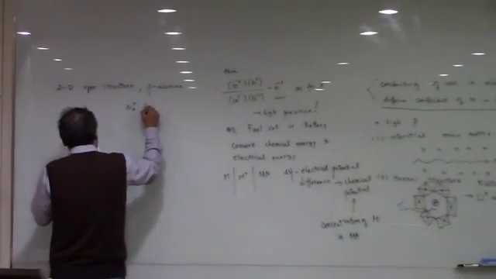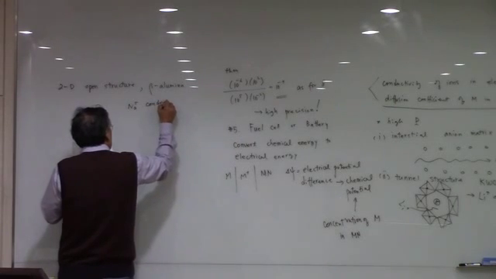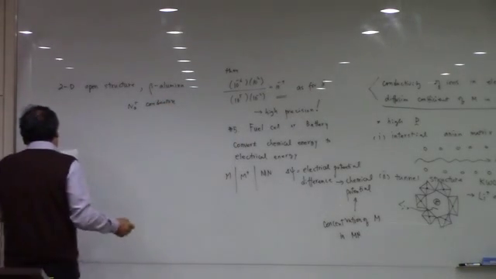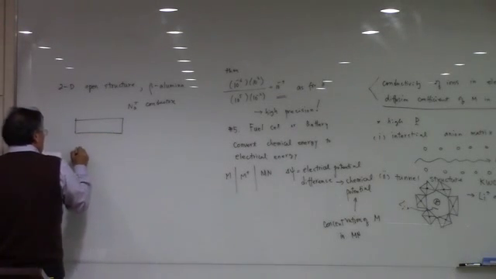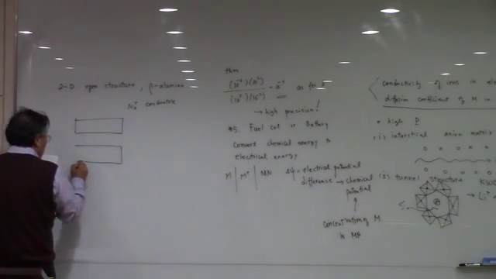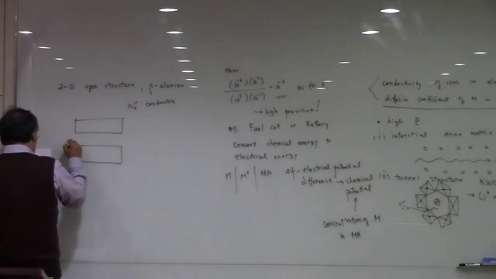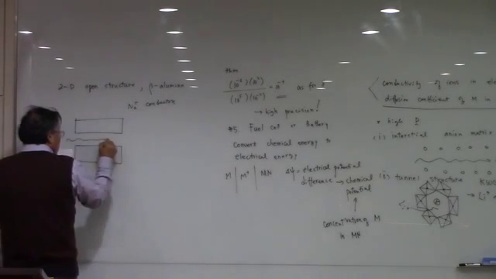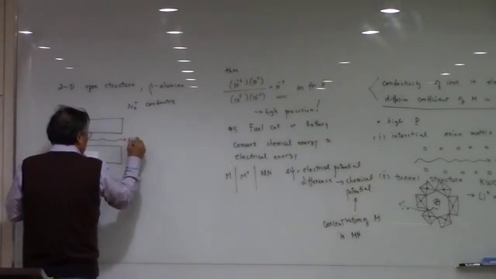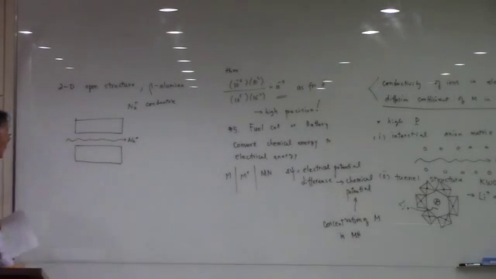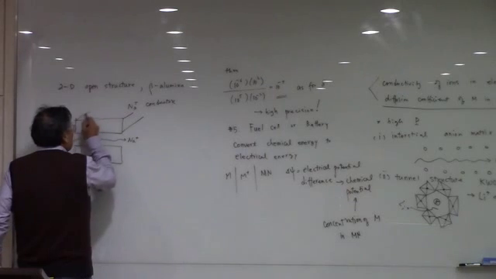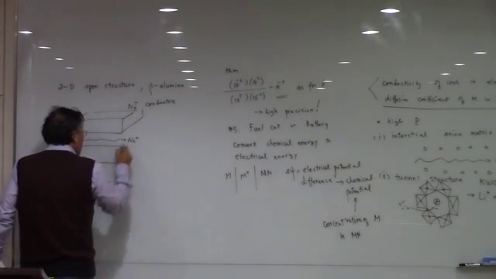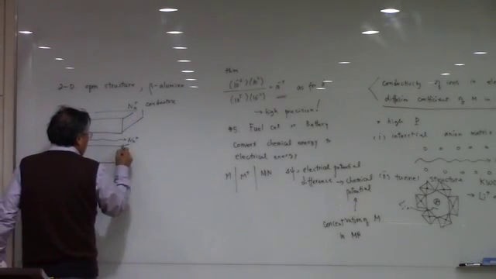And this is a sodium ion conductor. In beta alumina, there is a whole blocks, and in between the blocks we have a two-dimensional space, and here the sodium ions can travel through these two-dimensional open structures.